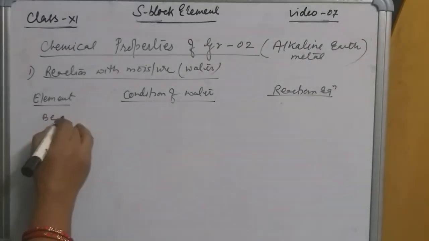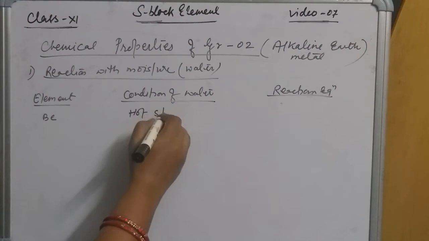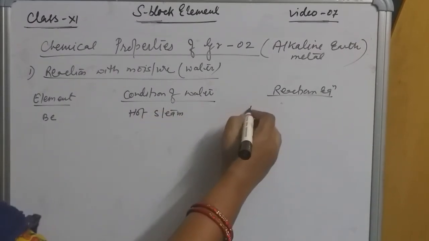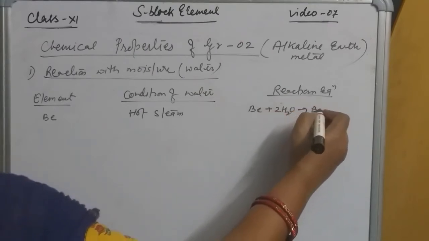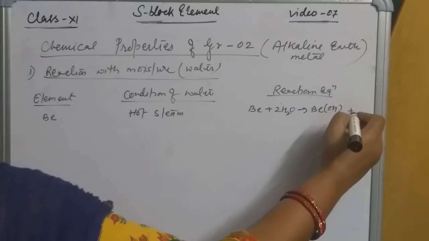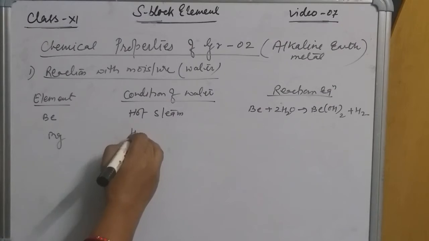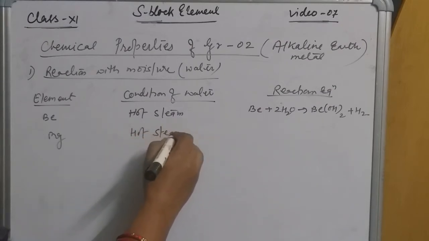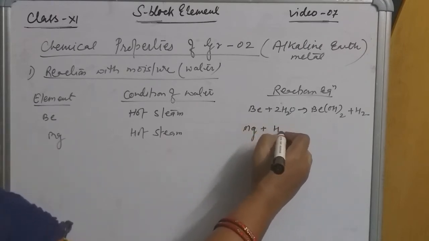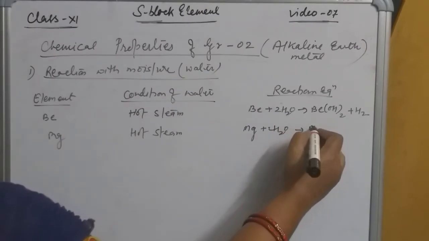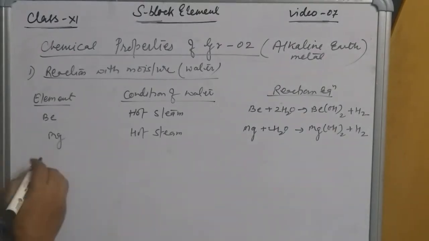Beryllium with hot steam: when beryllium reacts with hot steam, it forms beryllium hydroxide and hydrogen gas is liberated. Magnesium is also treated with hot steam, and the reaction involved is magnesium plus water, forming hydroxide along with hydrogen.